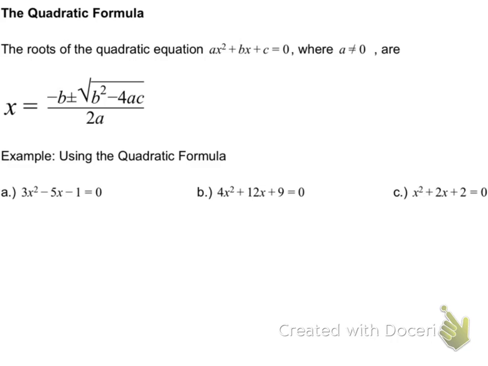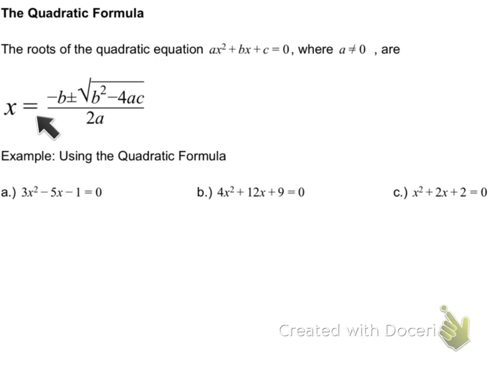And the next one is if we had the time or the willpower, which I'm assuming most of you guys don't, we could start with the ax squared plus bx plus c equals 0. We could perform the completing the square on that with no numbers, and I would end up with something we call the quadratic formula.